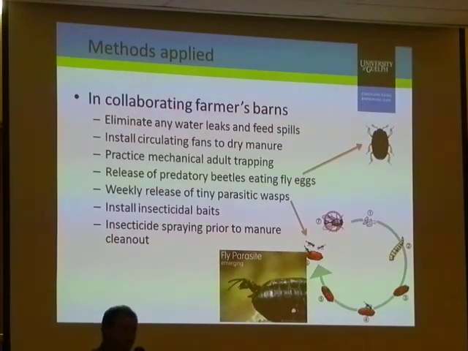And if at the end this doesn't work at the level we want, then we have the option, when the animals are going for market, to spray the barn with an insecticide. But that's the last option.